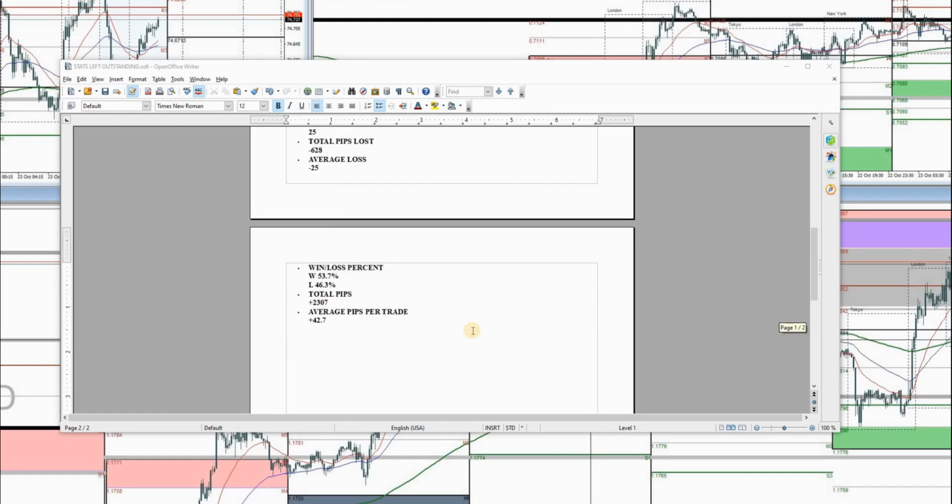The total pips at the end, with the wins and losses, is plus 2,307, and my average pips every time, no matter win or lose, if I have a trade setup and I take the trade according to the rules, is plus 42.7. So that's in the backtesting.